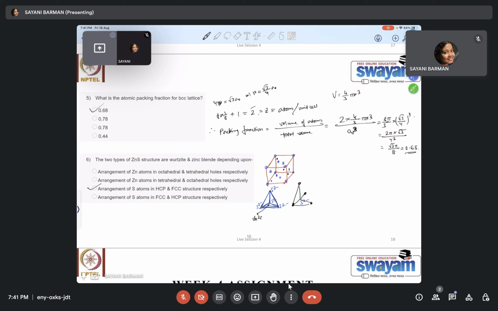You can see this becoming a tetrahedron. This is for zinc blende.